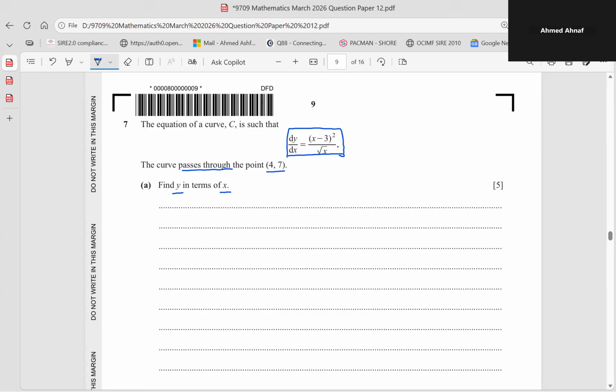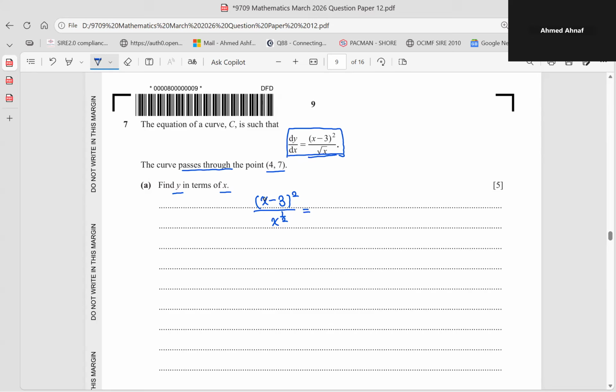Okay, so first things first, we can see that the expression they gave us for dy dx is a really weird expression. We usually don't integrate this, so we're first going to make it into a form that we're more familiar with, a polynomial. So we're going to simplify it. x minus 3 squared over square root x, I'm going to rename it to x to the power of half.